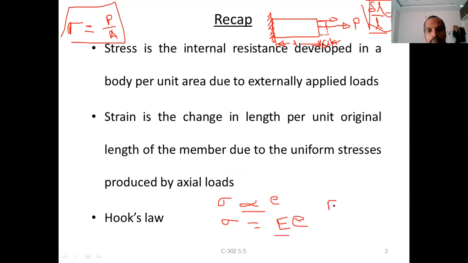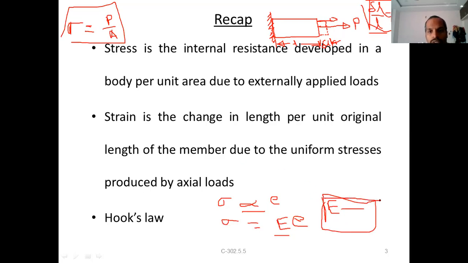Stress is proportional to strain, and removing the proportionality gives the constant E. It is a very important term and depends completely on the material property. Different materials give different Young's modulus. Wood is different, and even different types of wood have different values. Mild steel has a different Young's modulus, and concrete is different. Each material has its own value.